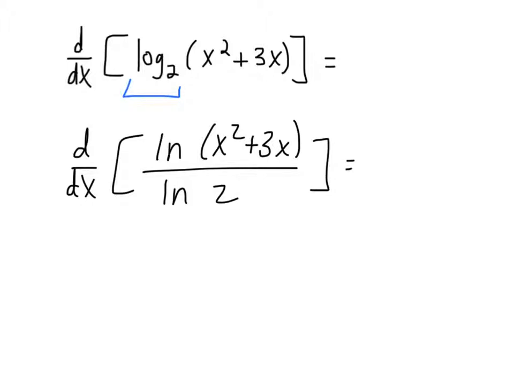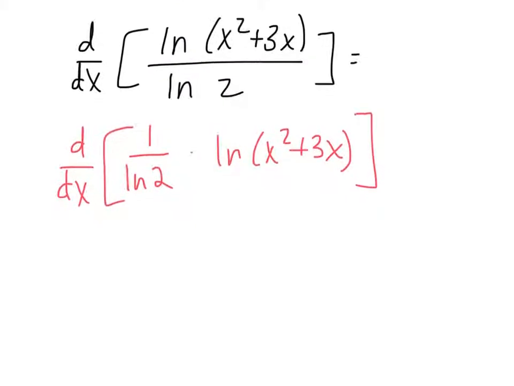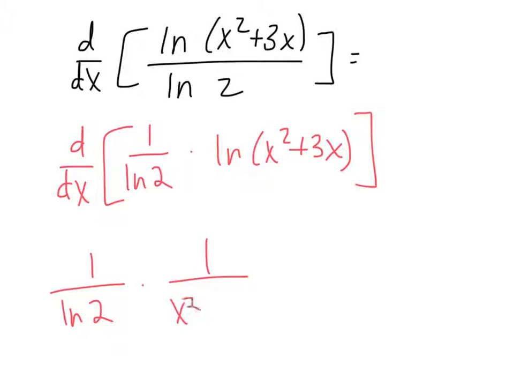Since natural log of 2 is just a constant, technically that's 1 over natural log of 2 times natural log of x squared plus 3x. So that's a constant times a function. We can just pull that constant out and take the derivative of the second part. So it's going to be 1 over the natural log of 2 times 1 over x squared plus 3x times the derivative of the inside, which is 2x plus 3.